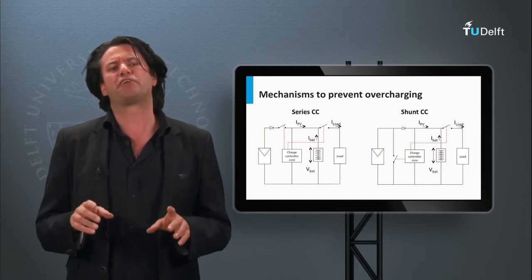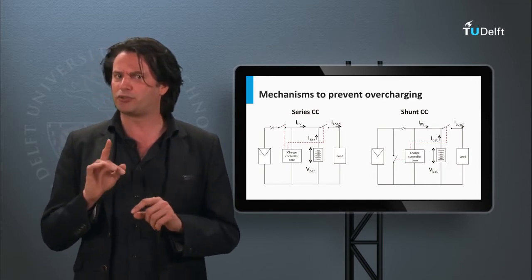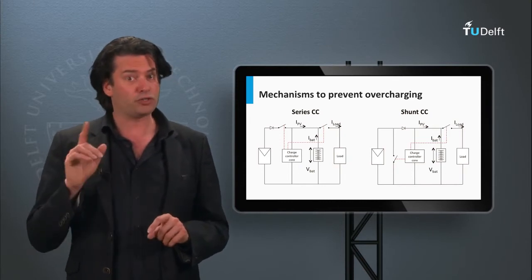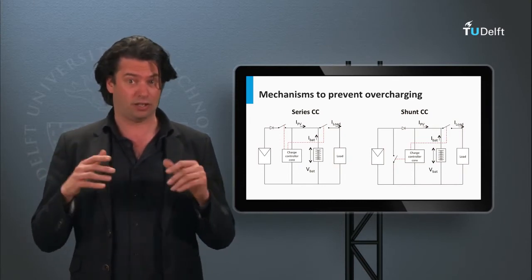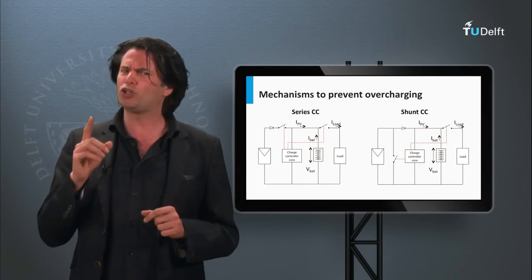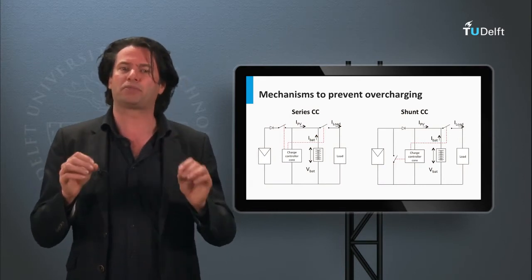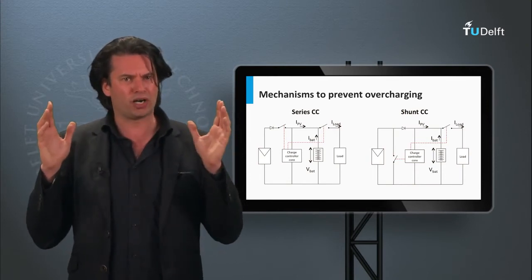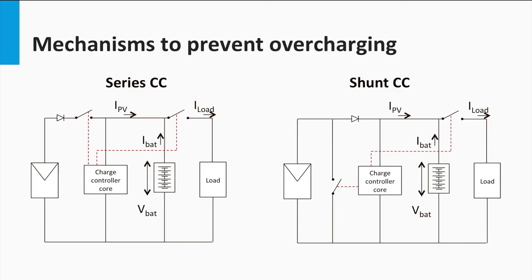We have seen in the previous block how the temperature plays a crucial role in the functioning of the battery. Not only does temperature affect the lifespan of the battery, but it also changes its electrical parameters significantly. How does the charge controller handle this situation?